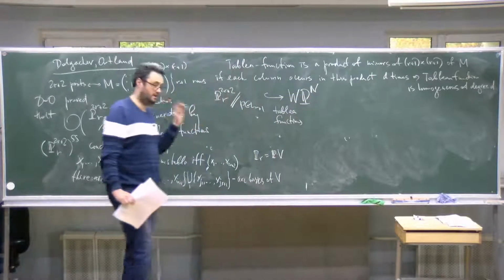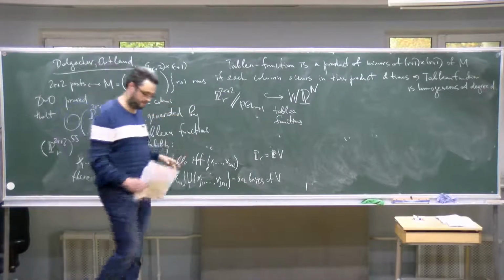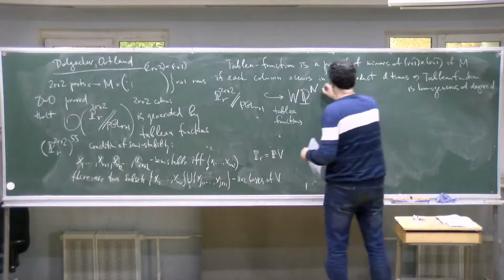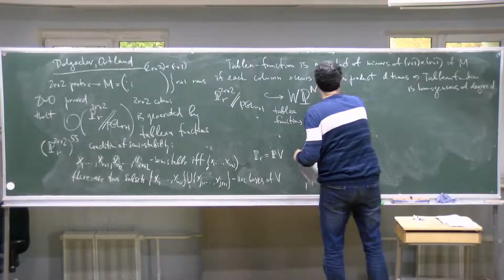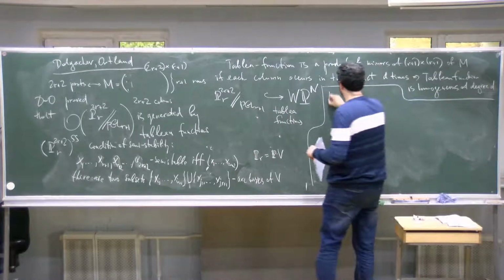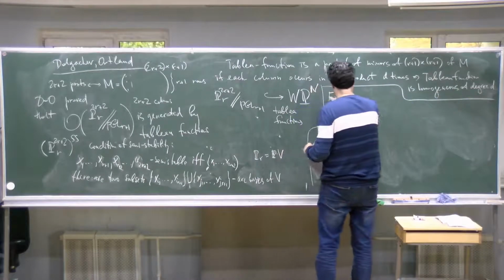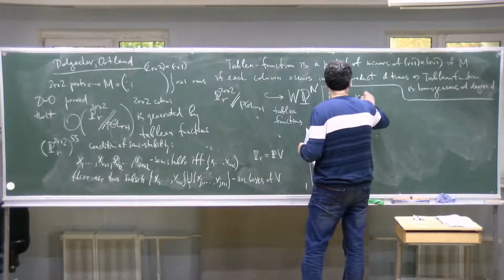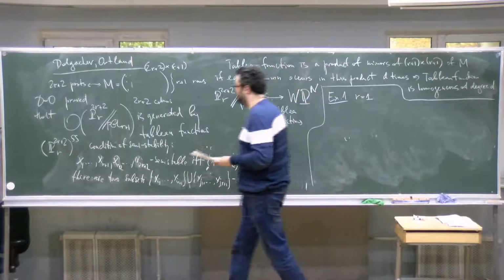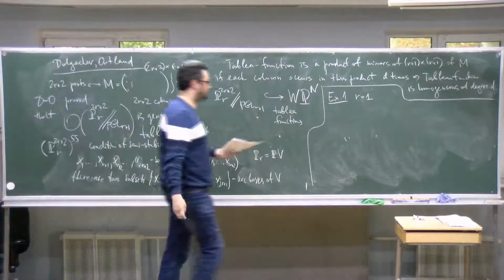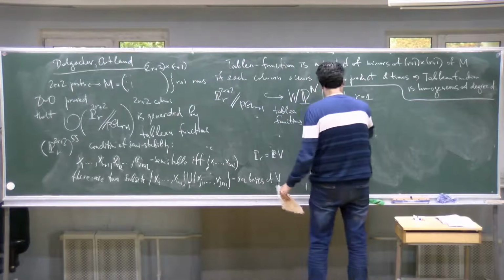So I will consider some examples. First example. Consider the case when r is 1. In this case, we have 4 points in P^1.